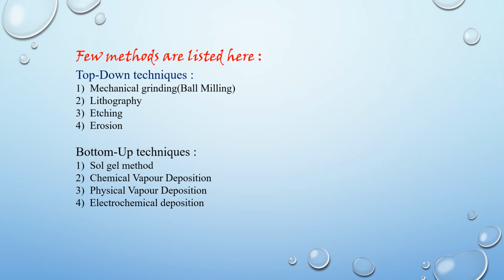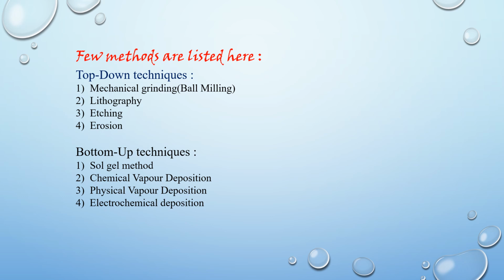The top-down and bottom-up methods consist of different techniques for the synthesis of nanostructured materials. For example, mechanical grinding, lithography, etching and erosion are some of the techniques used under the top-down approach for the production of nanomaterials.